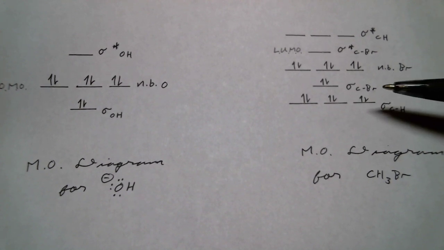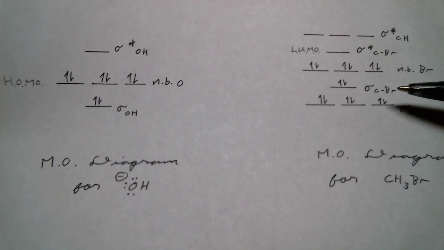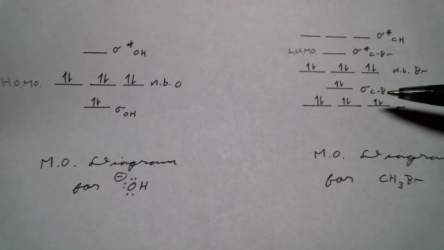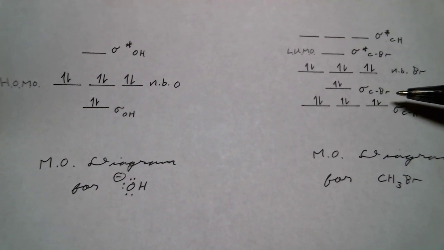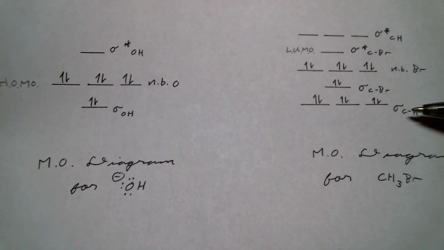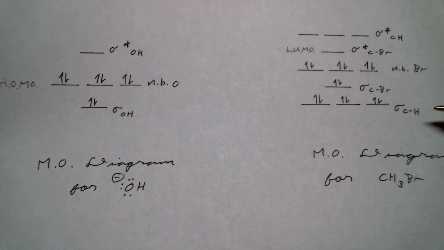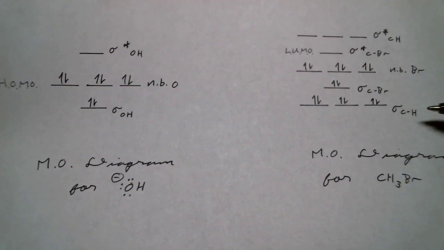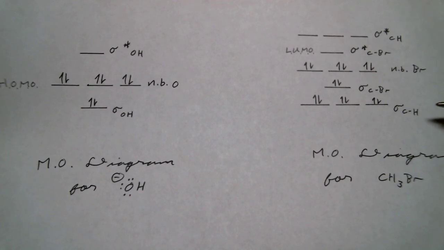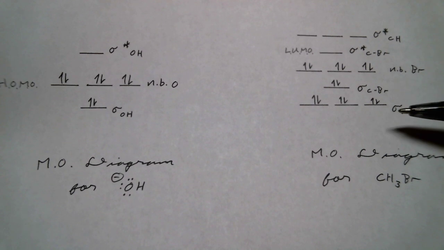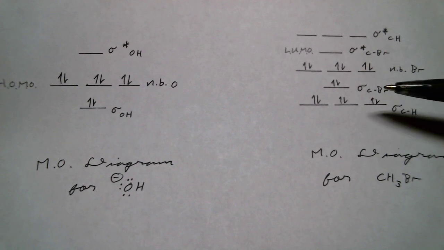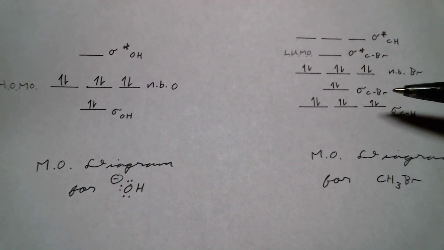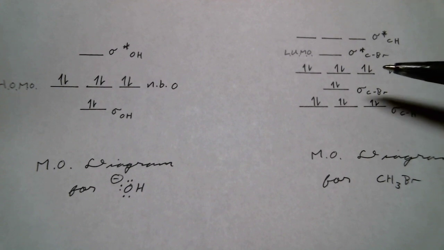And then we also looked at, what's the dissociation energy for the carbon-bromine bond, and I believe we saw it was 70 kcals per mole, but we also know that a carbon-hydrogen bond is worth around 103 kcals per mole. So, a much stronger bond. So yeah, we would expect it to be lower in energy than our sigma carbon-bromine bond.